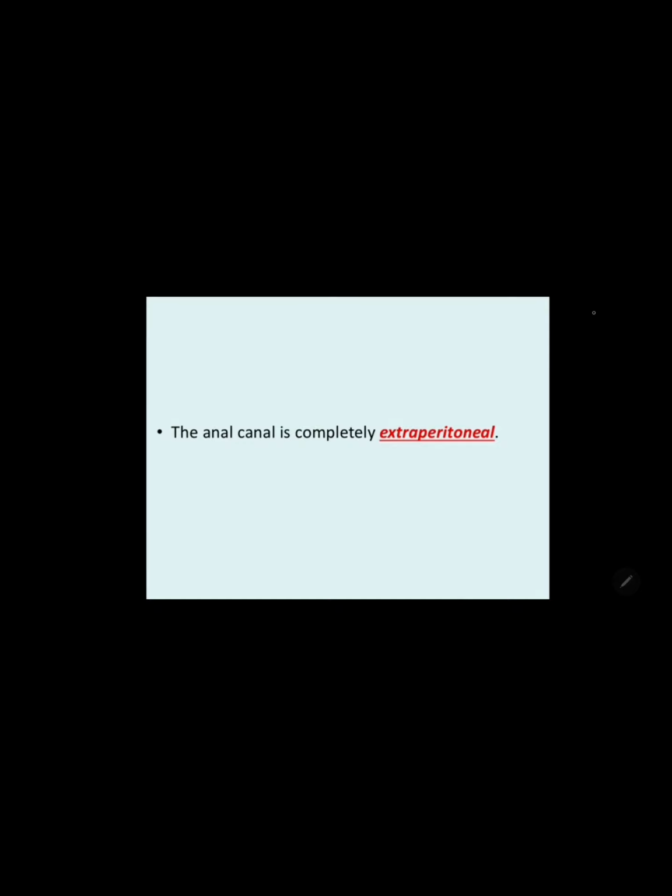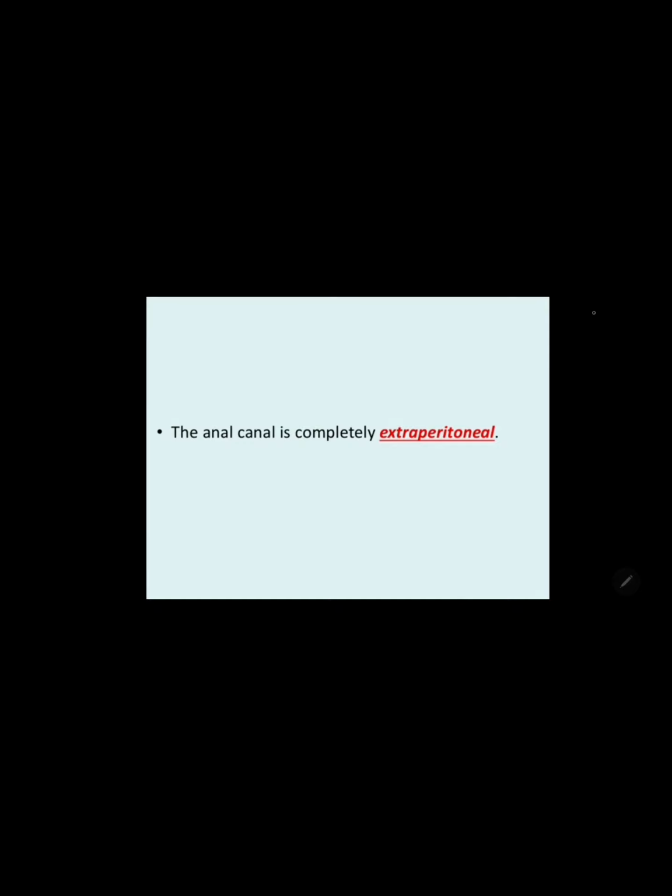If you talk about the peritoneal relations, we have discussed the rectum. In the rectum, the peritoneum is only seen on the anterior and lateral surface of the upper one third and the anterior surface of the middle one third, whereas the lower one third of the rectum and the entire anal canal are extraperitoneal.